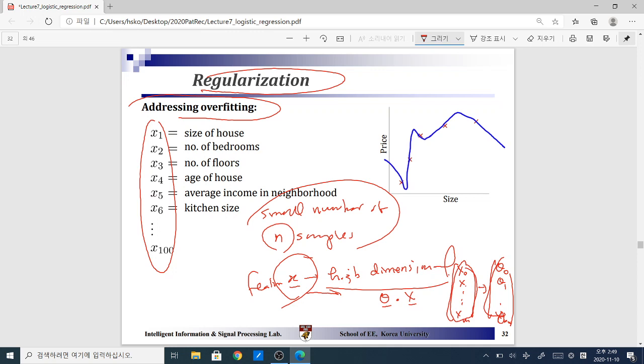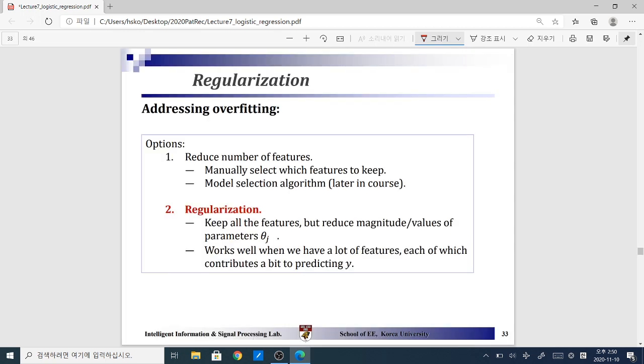This means that a high dimensional feature, like 100, would be the cause of overfitting, because if this m is very, very high, the dimension of the parameter should also be very, very high as well.